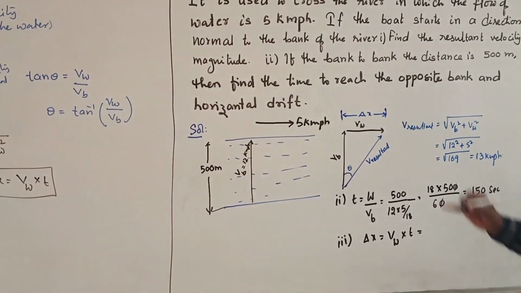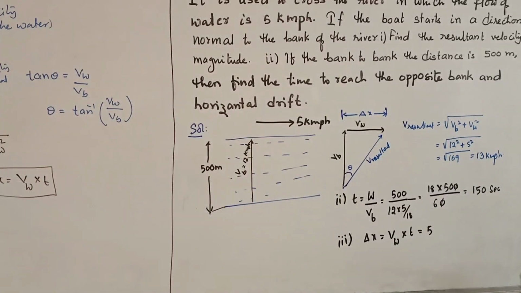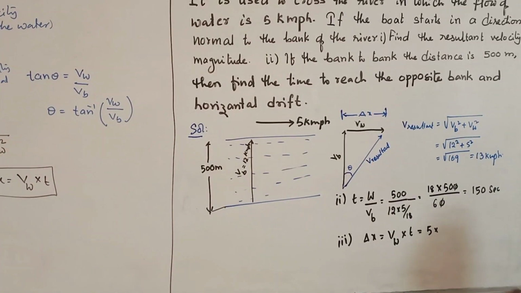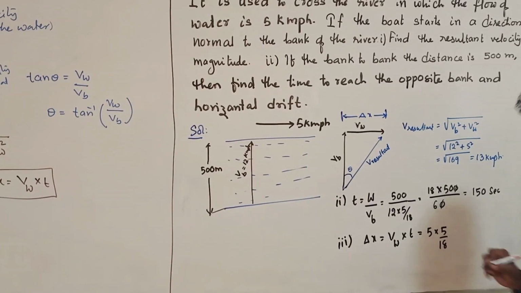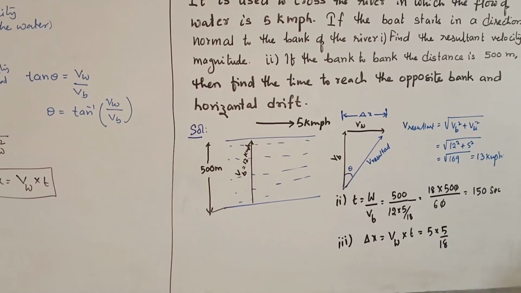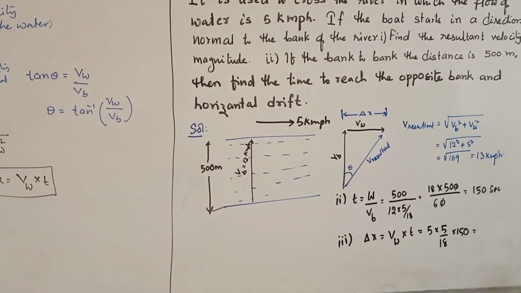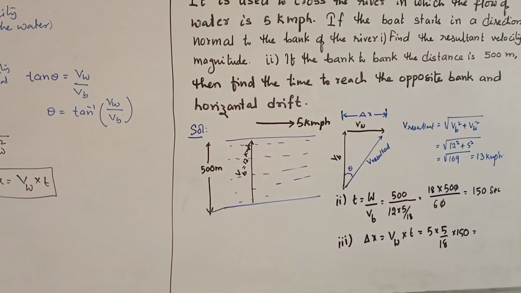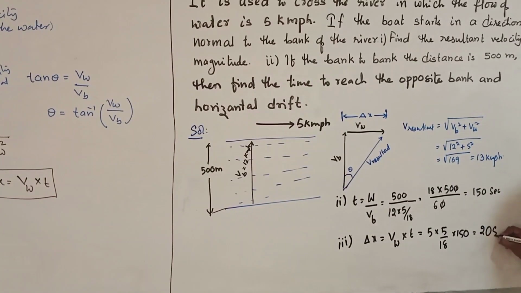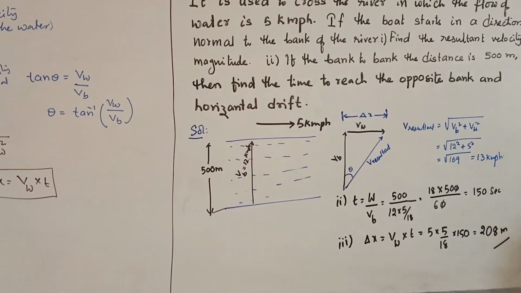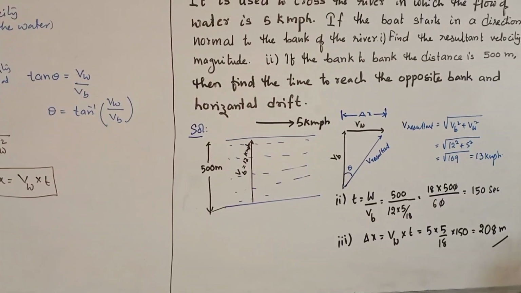So this is 5 kmph. 5 kmph means 5 into 5 by 18, 5 into 5 by 18 into 150. It comes out to be approximately 208 meters. This is called the horizontal drift, right?